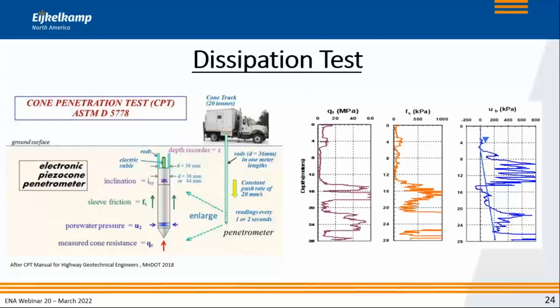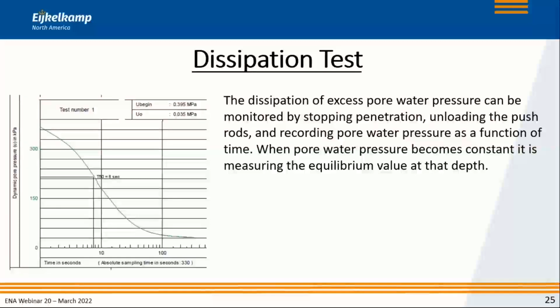It is the pore pressure that is affected by the cone, by the dynamic movement of the cone, and therefore you have an excess pore pressure well in excess of the hydrostatic pressure in most soil conditions. But over time, if we were to stop the CPT test, if we were to leave the cone in place, that excess pressure slowly dissipates.